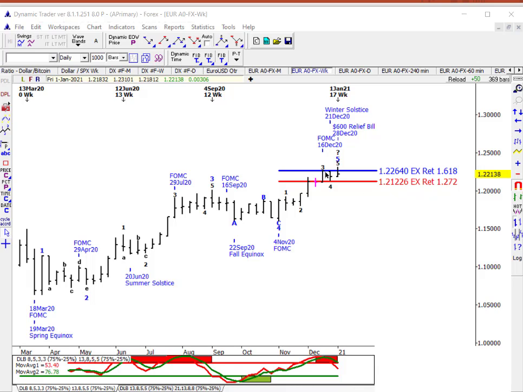We had the Fed announcement 2 weeks ago, and we frequently stop trends or have reversals right around the Fed announcement in the euro. We had the winter solstice. We always want to be alert that week for a potential reversal in the financial markets. And then I've even noted here last week where that $600 relief bill got passed in the United States. And of course, this coming week, there's two things.